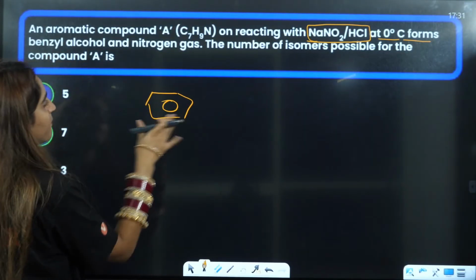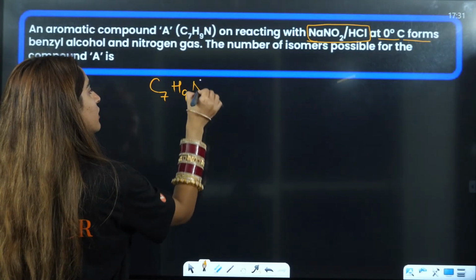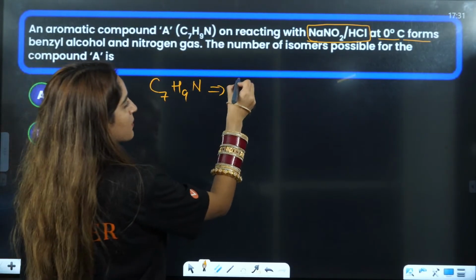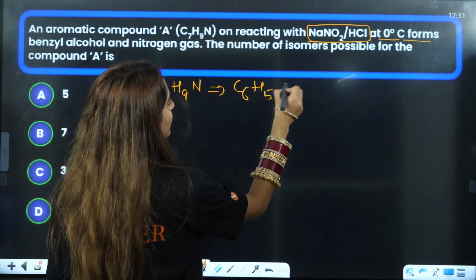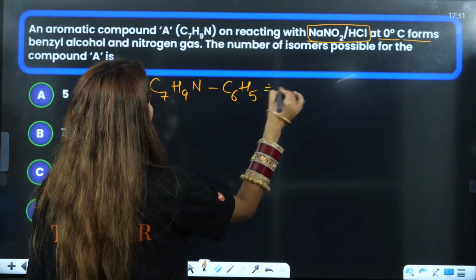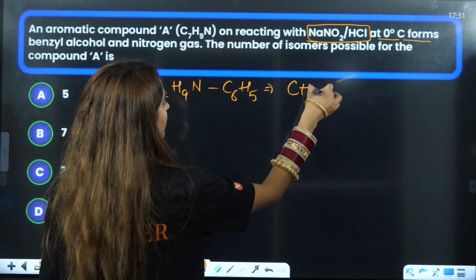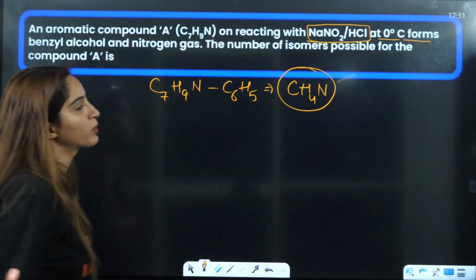They are saying a compound C7H9N. Subtract C6H5, and what you will have here is CH4N.